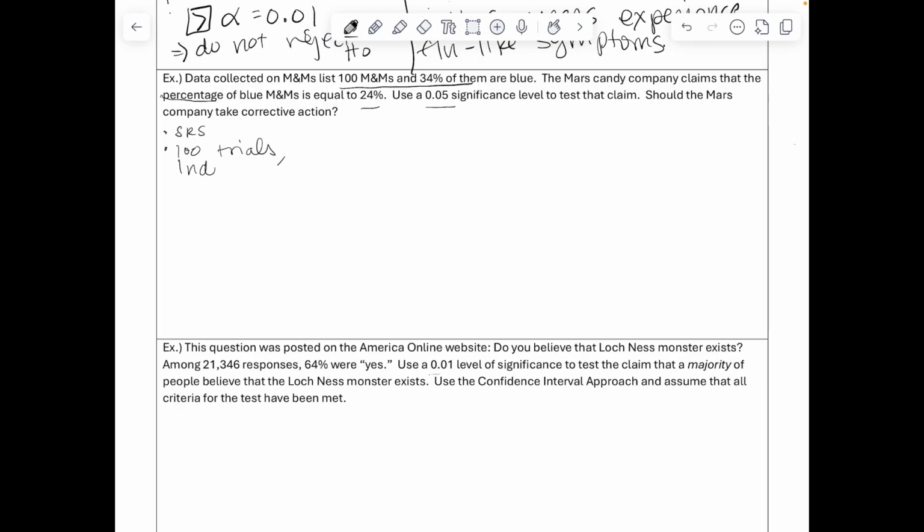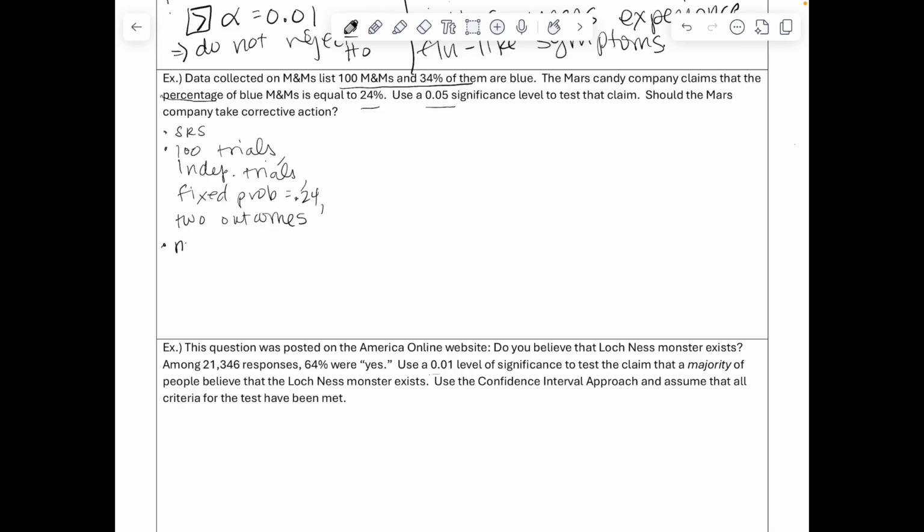These trials are independent. We have a fixed probability, and this is equal to 0.24. And we have 2 outcomes. And the 2 outcomes for this case are they're either a blue M&M or not blue, since that's the only color that we're dealing with.